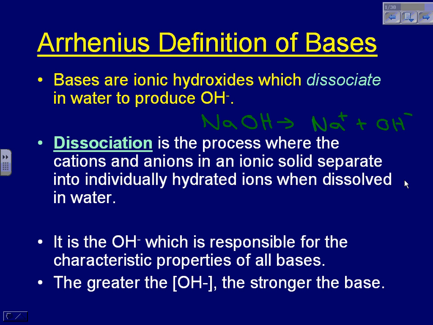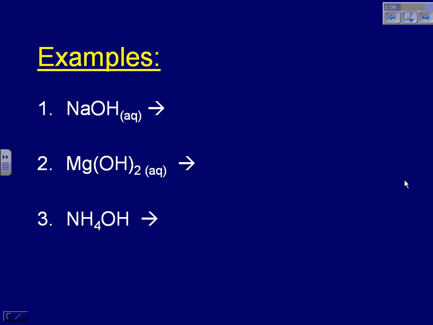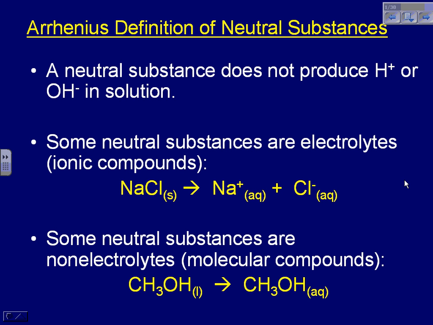No need to break a bond other than the attraction between the oppositely charged ions. So, the OH is what Arrhenius believed was the important part of the base, and if something had OH, that made it a base. And there are some examples of ionic compounds that have OH in them, and therefore, according to Arrhenius, these would be basic.